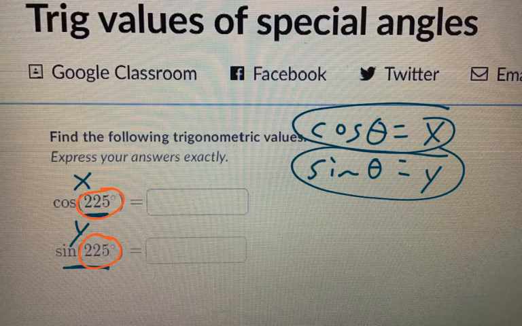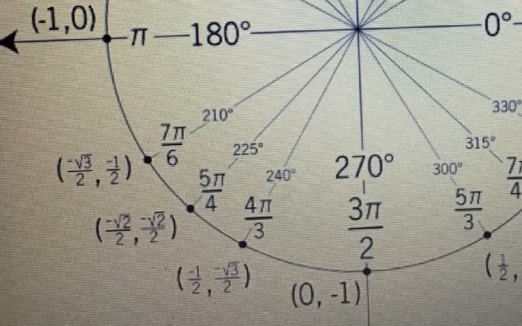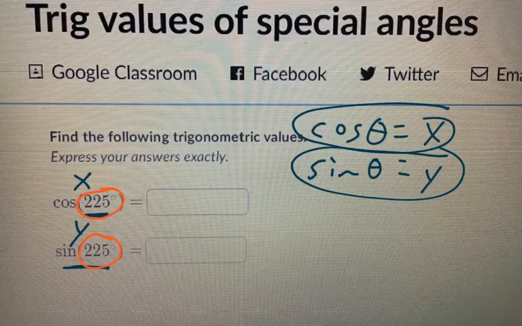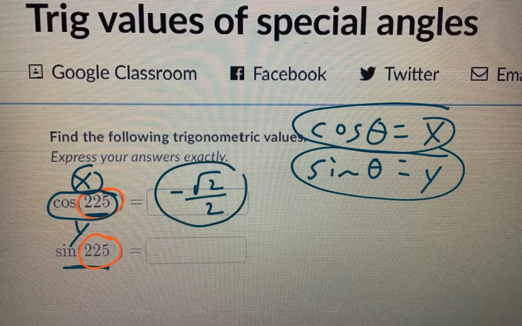That's all you have to look up. 225 is right here. Notice 225, the x is negative square root 2 over 2, and the y is negative square root 2 over 2, right? So we just figured it out, guys. The cosine, which is x, is negative square root 2 over 2. That's what you're going to type in there.